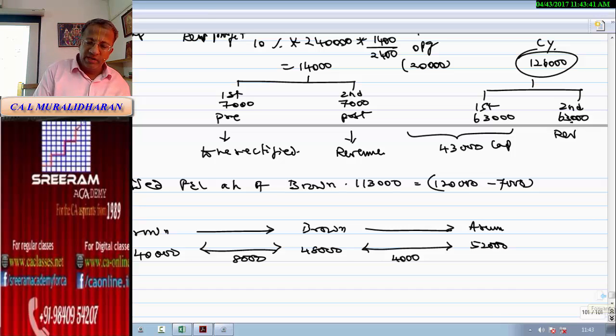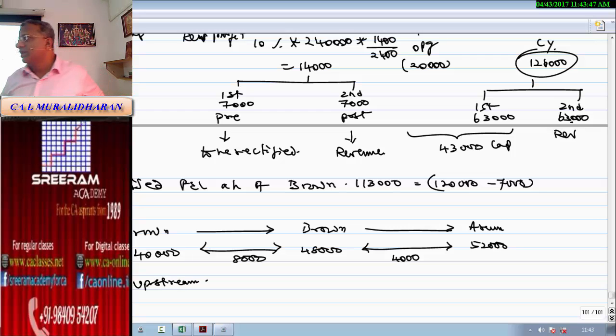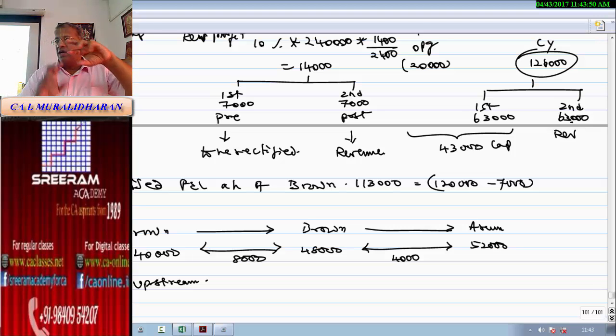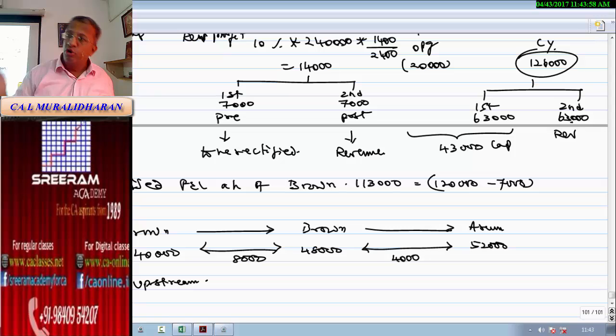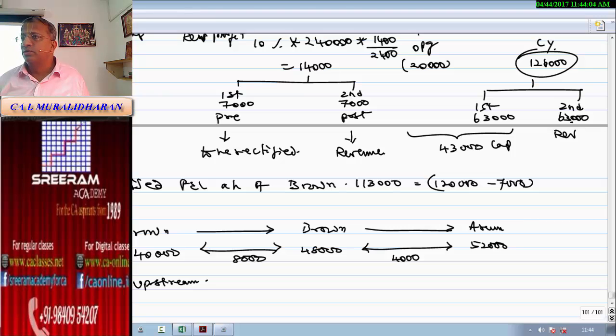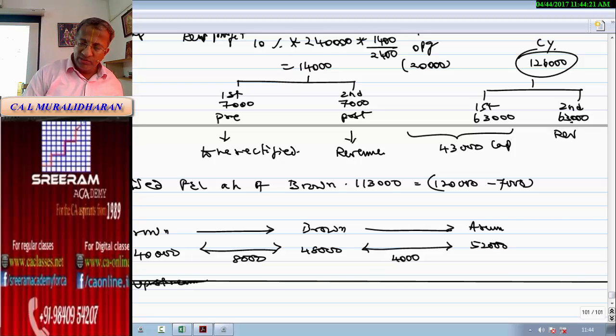So the entire thing we will put out as upstream. We should keep this unrealized profit above the total. In our template it is to be taken above the total. That will automatically take care of how much we have to deduct from minority interest and how much from the respective parents. In our institute study material they deduct some portion from some place and some portion from another place. Our format will take care, and we don't have to consciously do all this effort. Except for positioning it in the right place, the system will automatically take care.